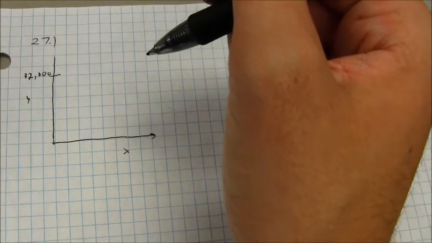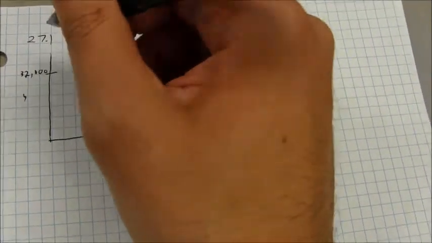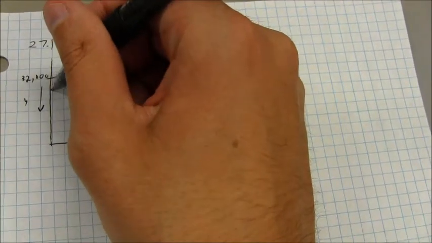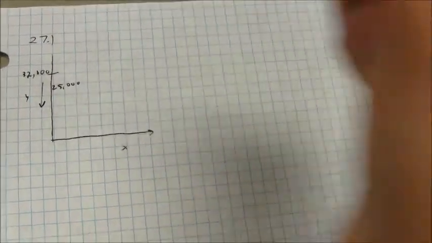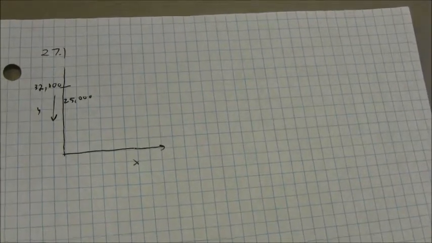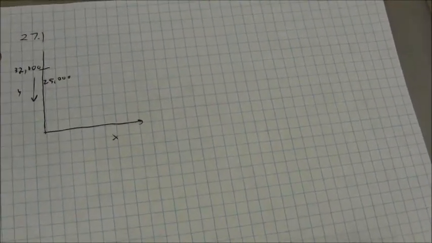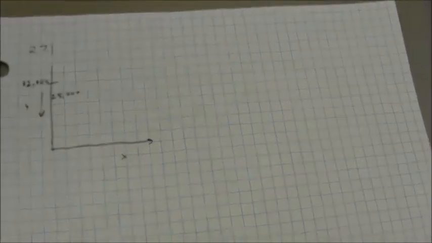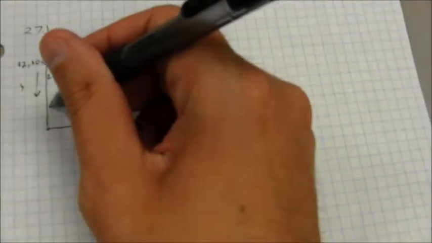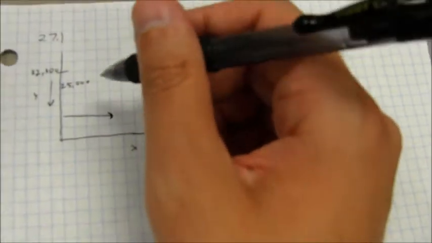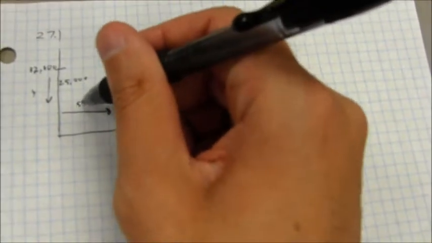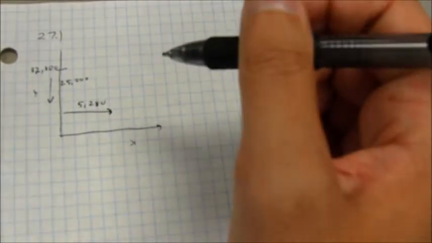Okay, so it's going to drop 25,000 feet. And of course, if you drop 25,000 feet from 32,000 feet, that takes you down to 7,000 feet. And that's over the next mile horizontally. So it drops 25,000 feet in a time in which it travels horizontally 5,280 feet.